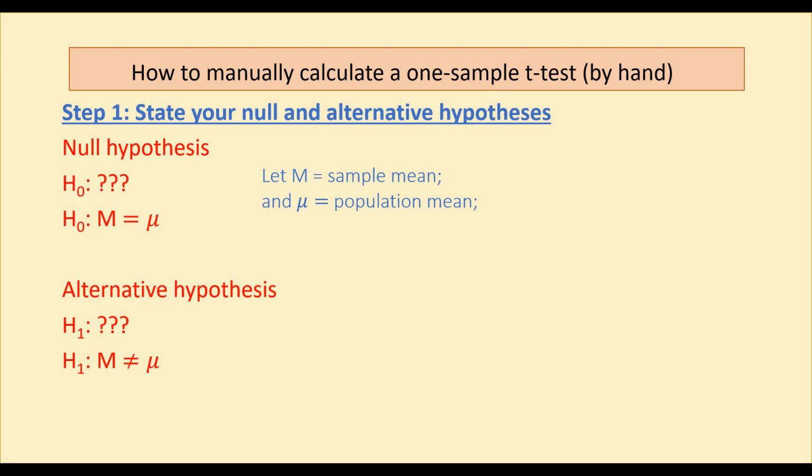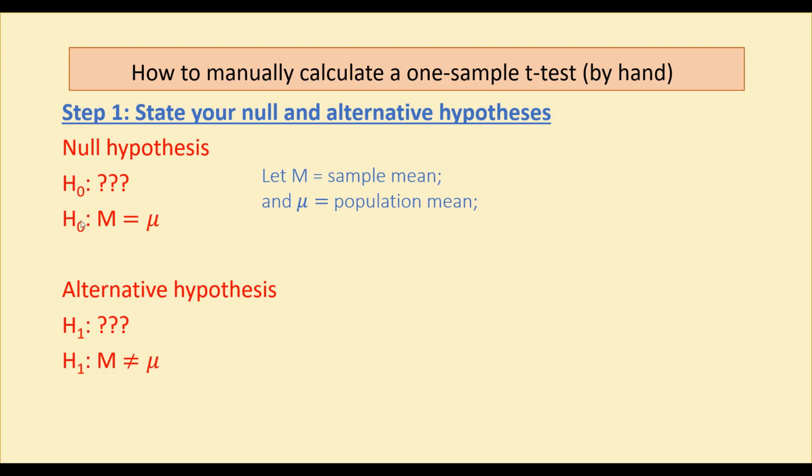Usually the first thing you're going to want to do is state your null and alternative hypothesis. The null hypothesis is most likely going to be H0, and it's most likely going to suggest that the sample mean, whatever the mean is for the t-test you're going to calculate, is no different than the population mean, which is usually the mean for the population you're comparing your sample mean to.